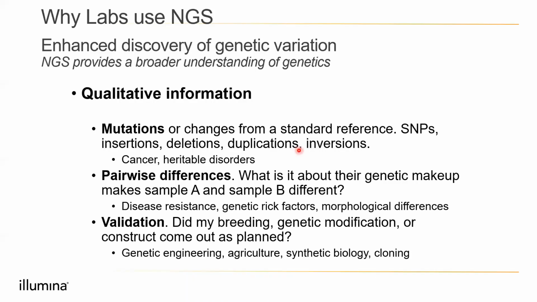Illumina, with its highly accurate and deep sequencing, and its sequencing by synthesis method, offers you most of the data in the Q30 range. So an NGS experiment will give you qualitative information as well as quantitative information.